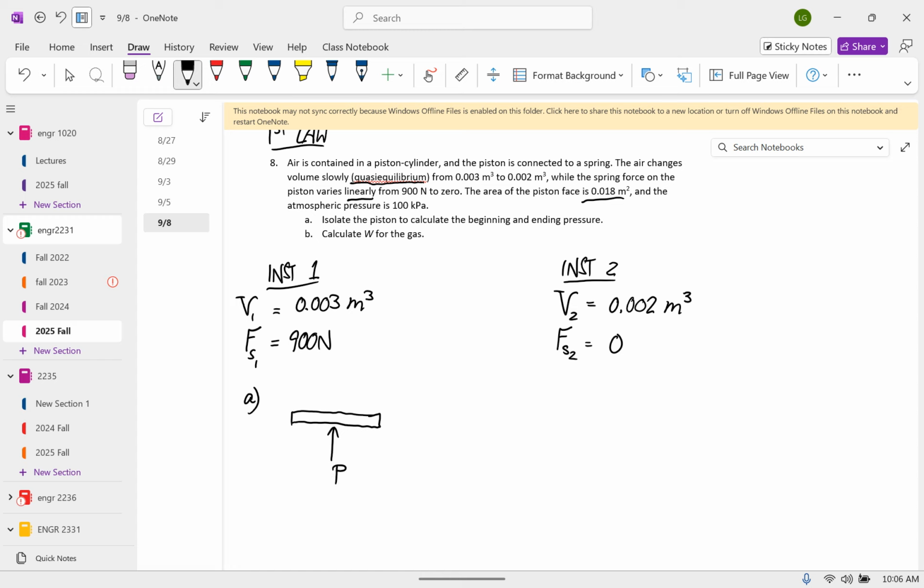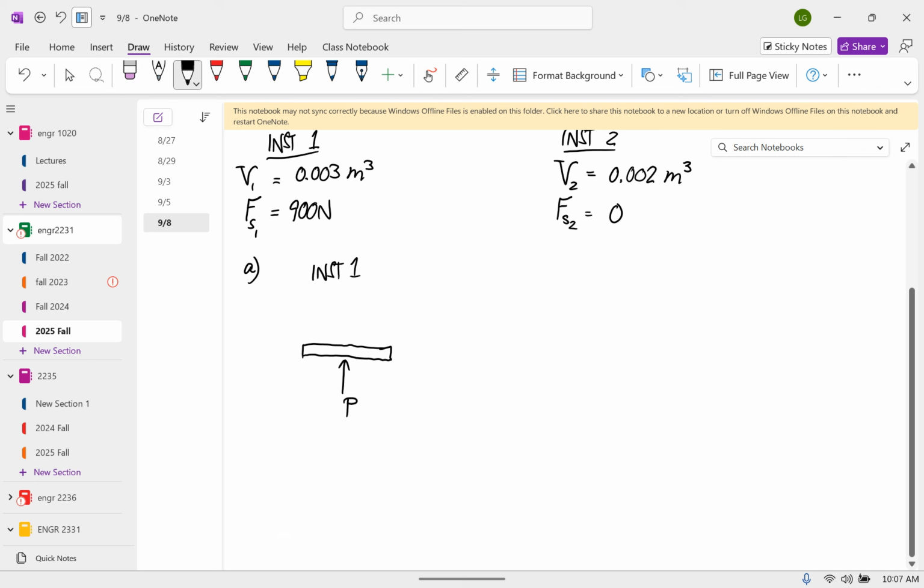So I'm thinking of this system like this, where here's the piston, here's the gas that's our system. The spring force is pushing down like this. And there's atmospheric pressure outside. So at instant 1, this is instant 1.